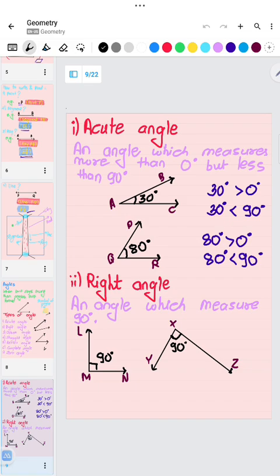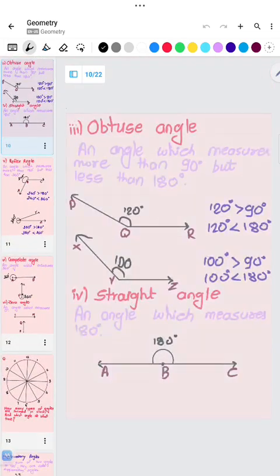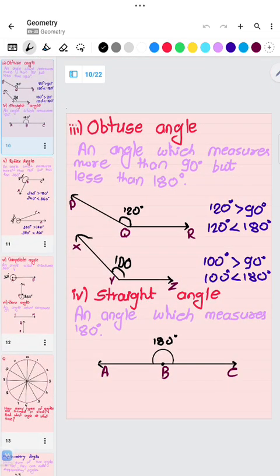Second, what is right angle? An angle which measures 90 degree is said to be right angle. If any angle has 90 degree, then it is said to be a right angle. Third, what is obtuse angle? An angle which measures more than 90 degree but less than 180 degree.